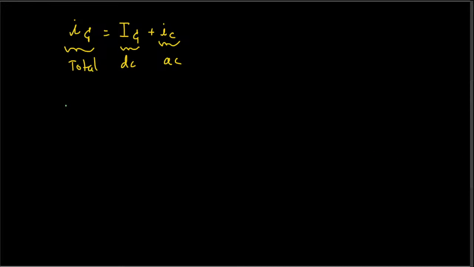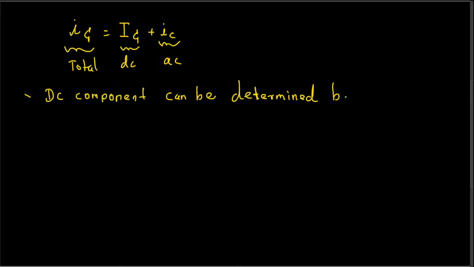So the DC component can be determined by making the AC signal 0.